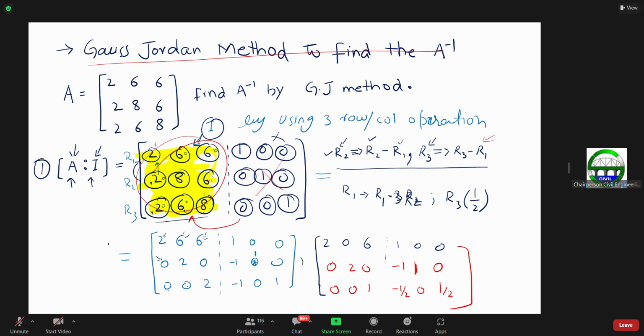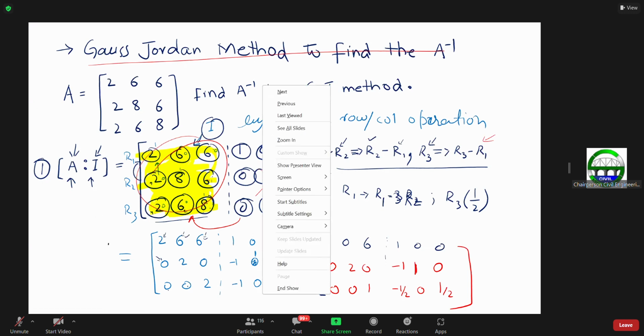Okay, is it clear to everyone? We will have some solved examples, and after those solved examples maybe you will feel better. Okay, it's a very long matrix.